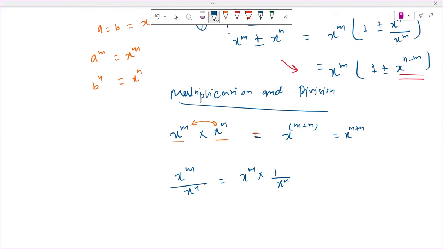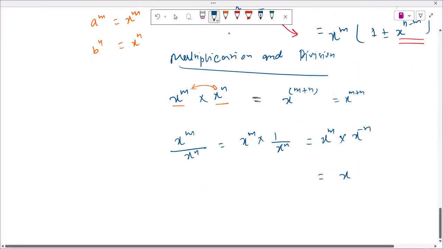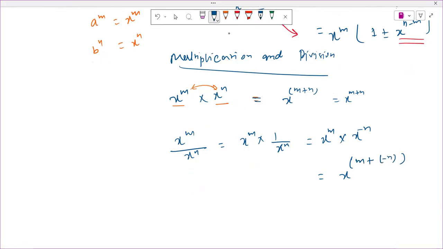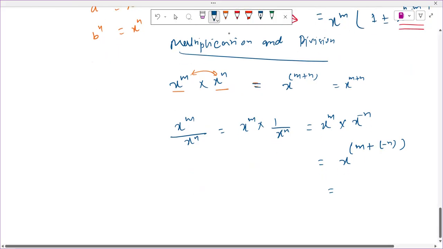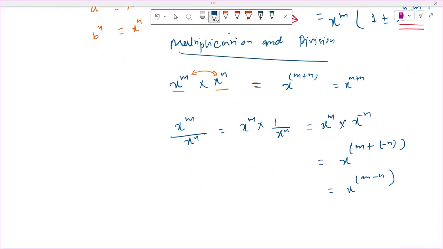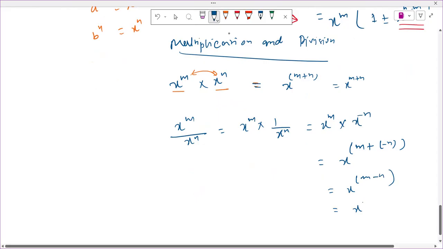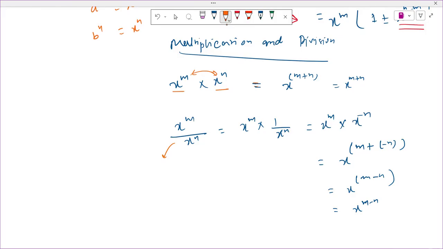And I already said that 1 by x to the power n, when multiplied, we can write as x to the power minus n. From the previous property, we can write x to the power m plus minus n, which equals x to the power m minus n.